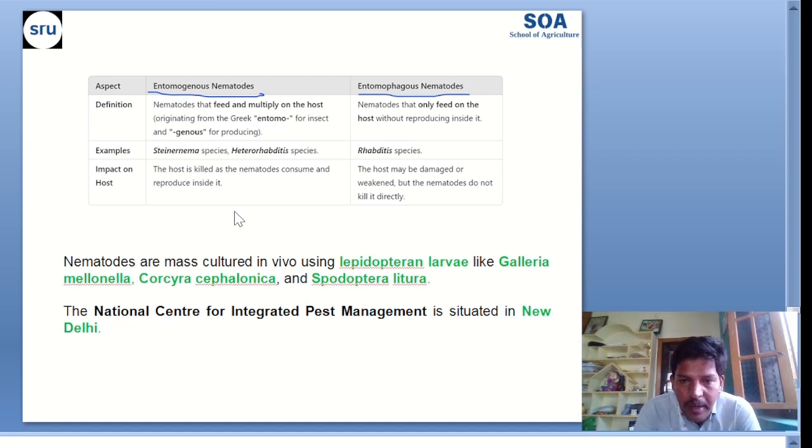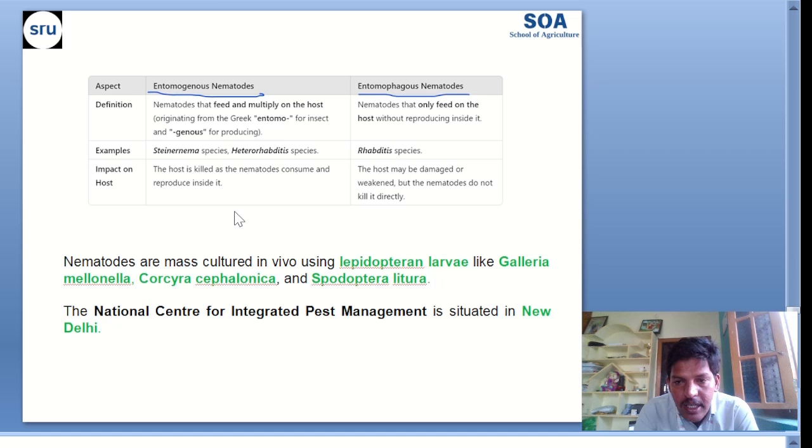What do you mean by entomogenous nematode and entomophagous nematode? Entomogenous nematodes are generated from the insect, that's why we call them entomogenous. They feed and multiply on the host. Examples are Steinernema species and Heterorhabditis species. But in the case of entomophagous nematodes, the nematode only feeds on the host without reproducing inside it.